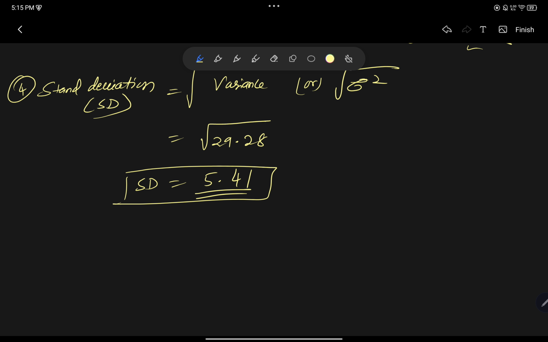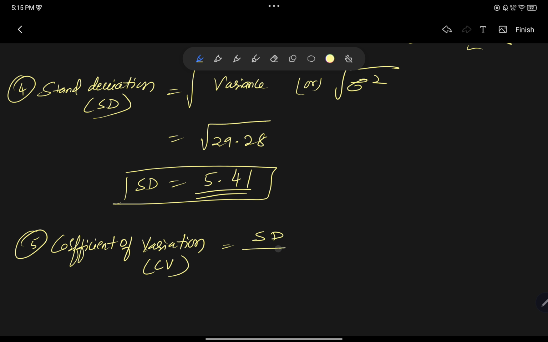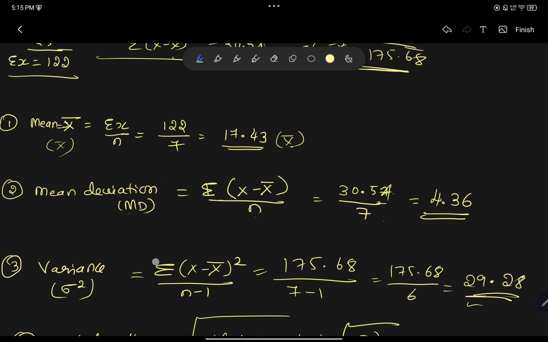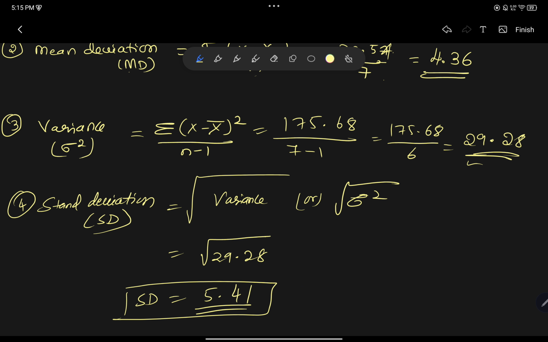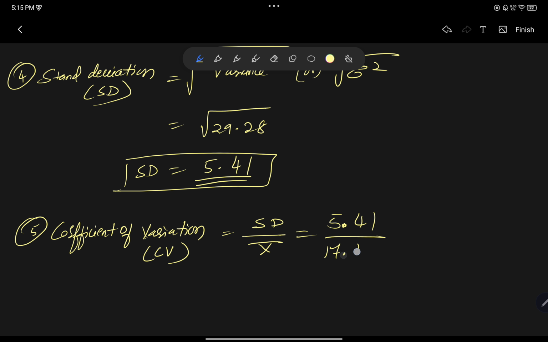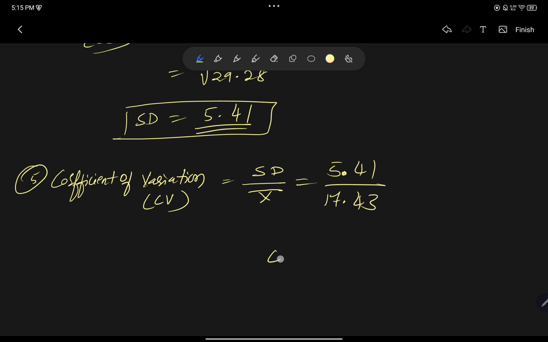After getting standard deviation, the fifth and last one is coefficient of variation, denoted CV, which is equal to standard deviation divided by x bar, into 100. Standard deviation 5.41 divided by x bar 17.43, into 100.